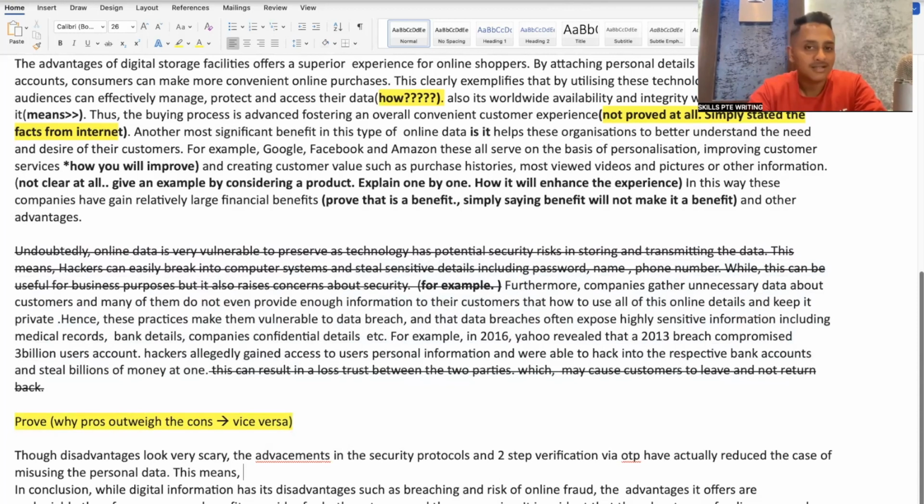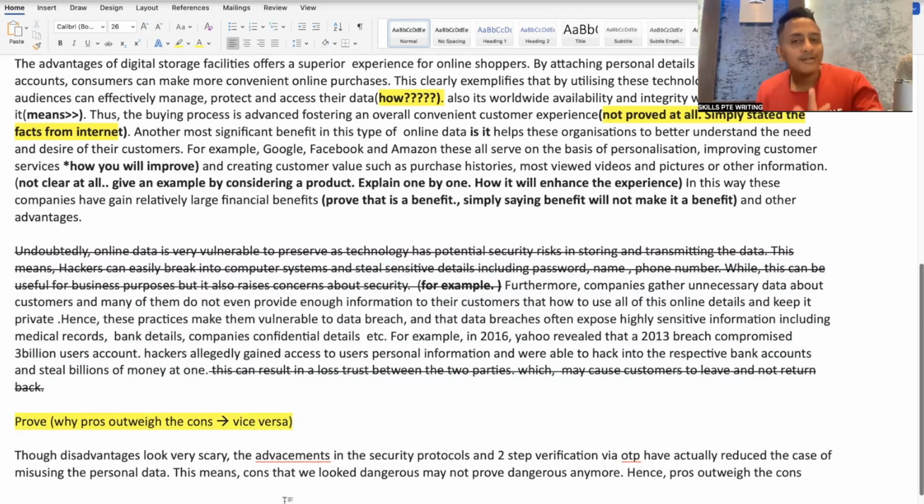This means the cons that looked dangerous may not prove dangerous anymore. Hence, pros outweigh the cons.